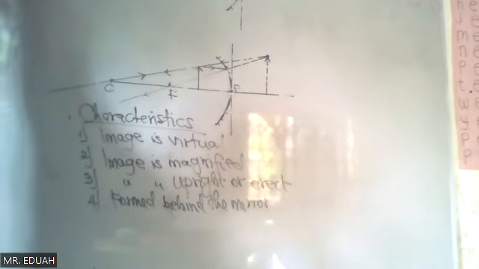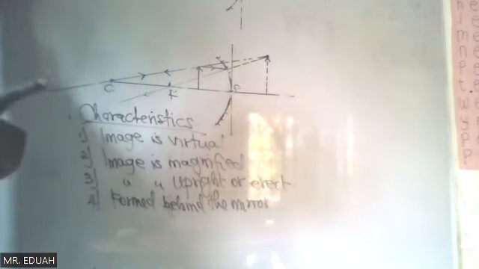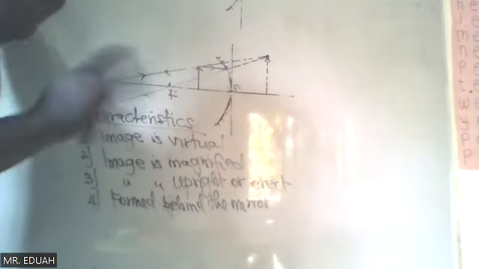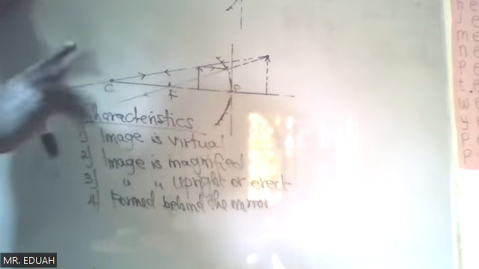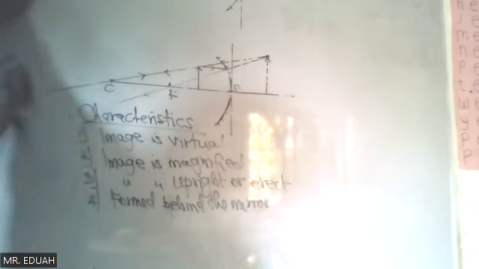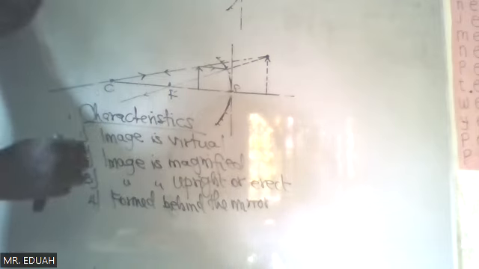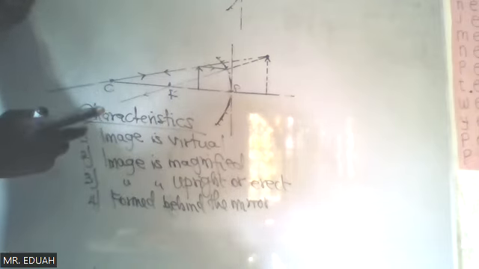You see, for a concave mirror, different kinds of images will be formed as a result of different object positions. For different object positions, different images can be formed.